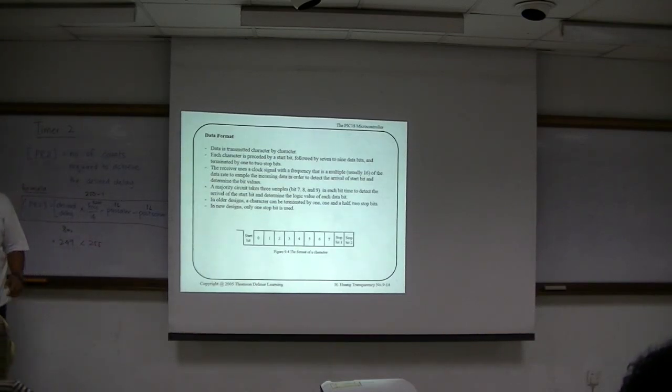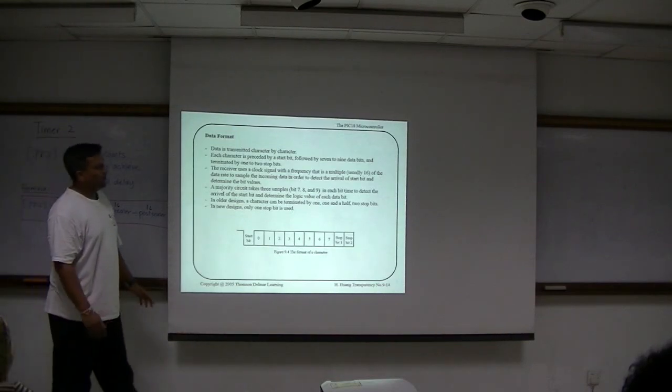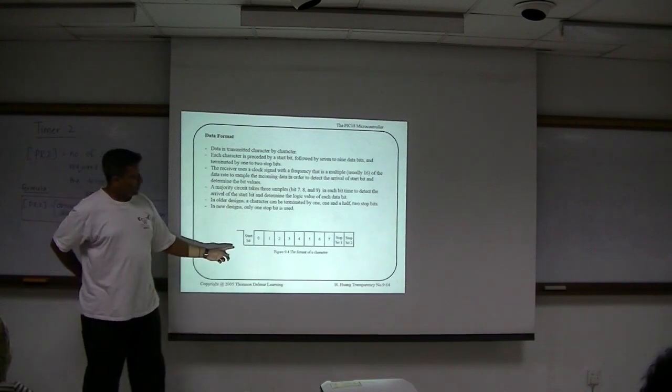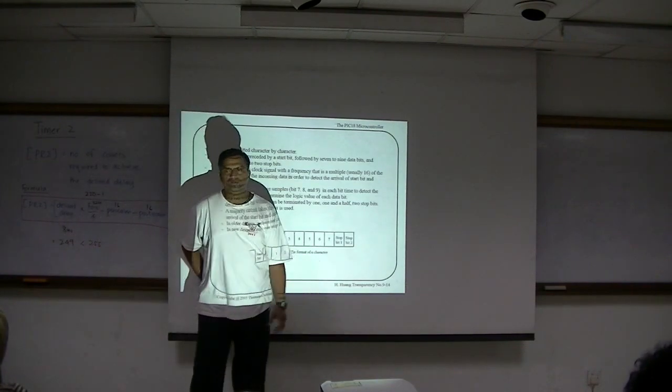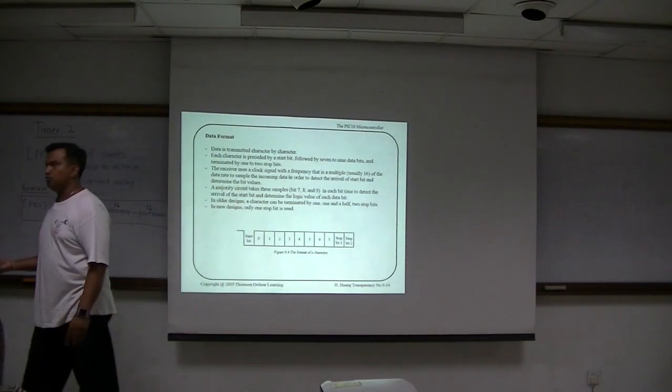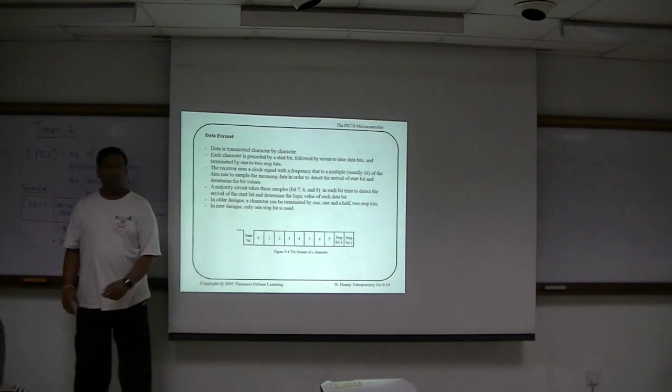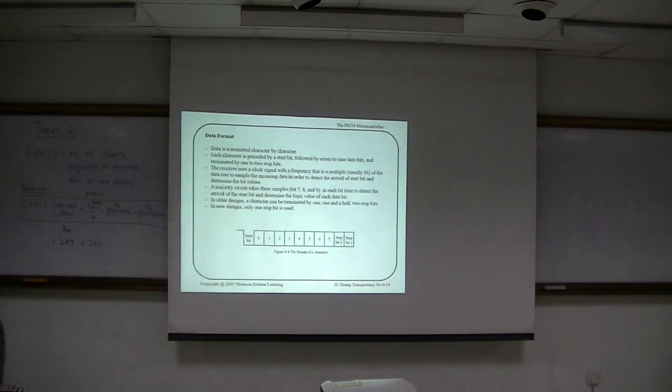So each time it can know each character is coming and will be able to capture. Is it okay? So the start bit is always 0, the stop bit you have the option of either 1 or 2, but the logic is always 1. Is it okay? It's relatively simple, right?